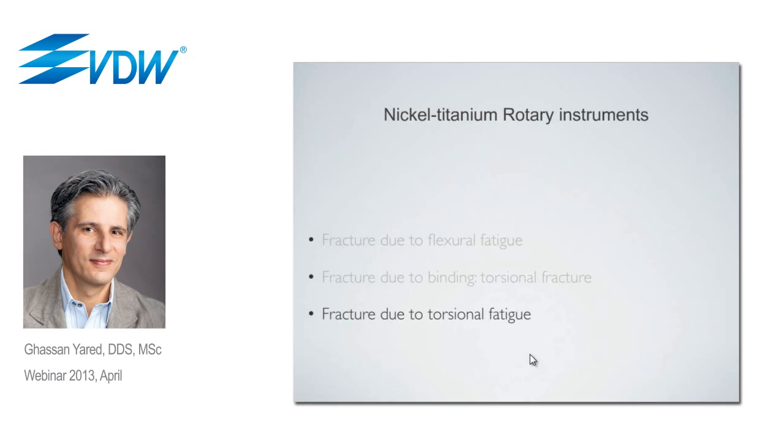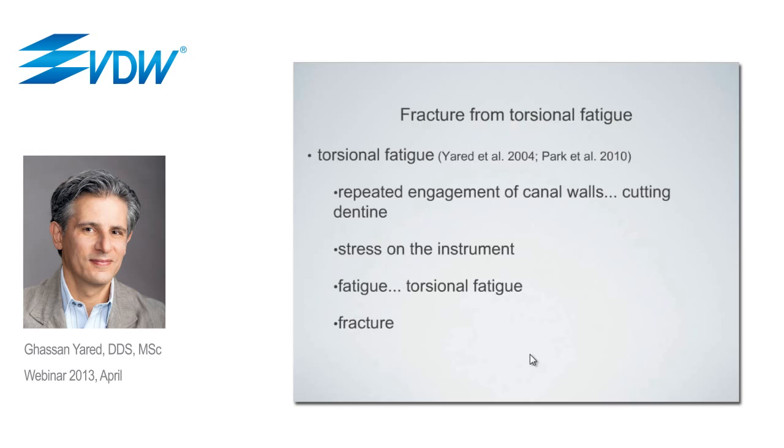The last type of instrument fracture is the fracture that is caused by torsional fatigue. And this is one type of fracture that has not been studied enough in endodontics. When we use a rotary instrument in a canal, this instrument will touch the canal walls.